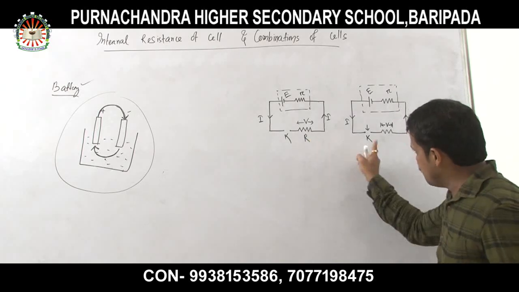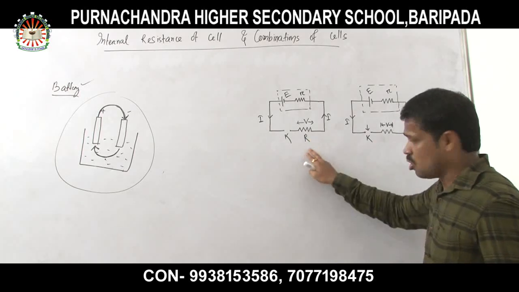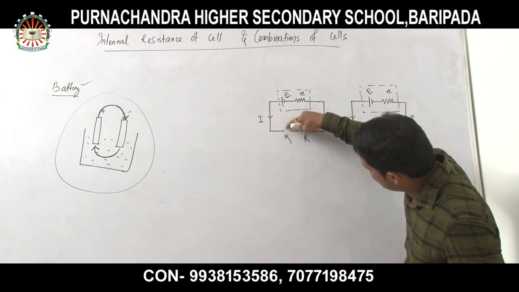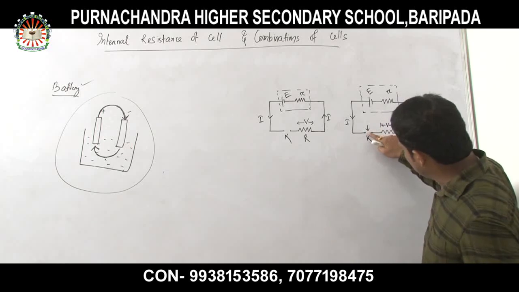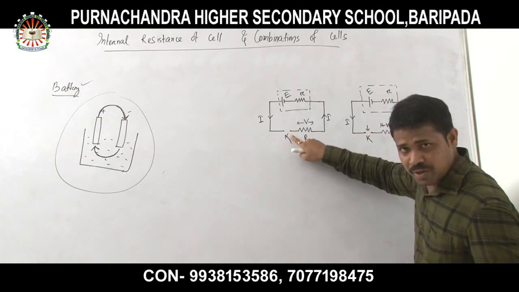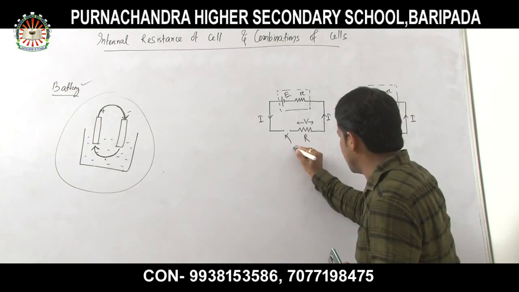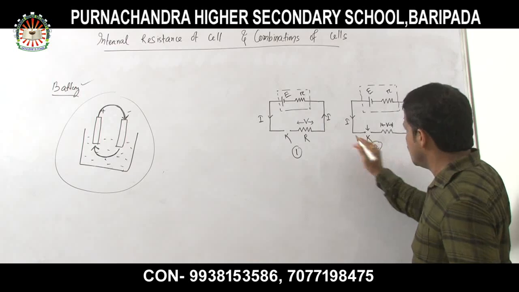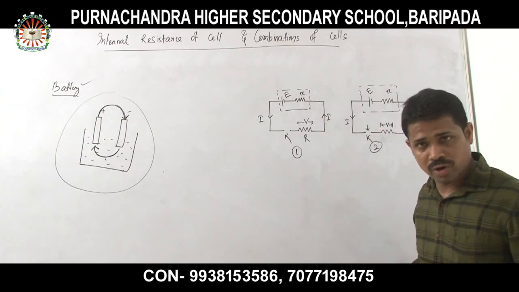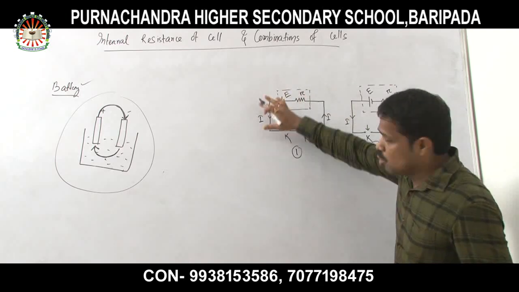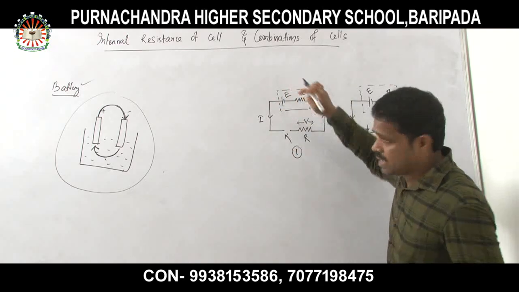So now compare these two figures. They are almost the same, but in the first figure the key is open, and in the second figure the key is closed. Look carefully. When the key is open, there will be no current drawn from this cell.